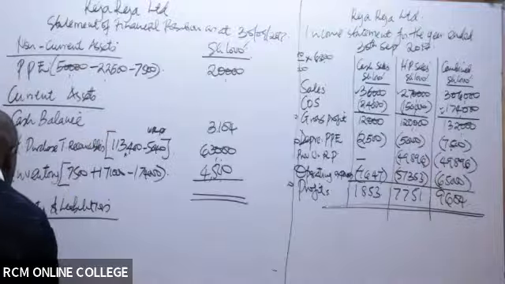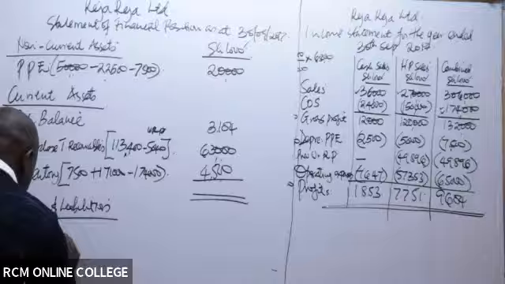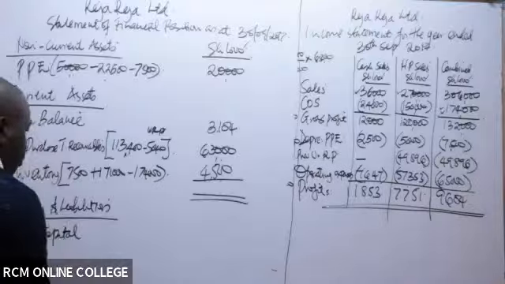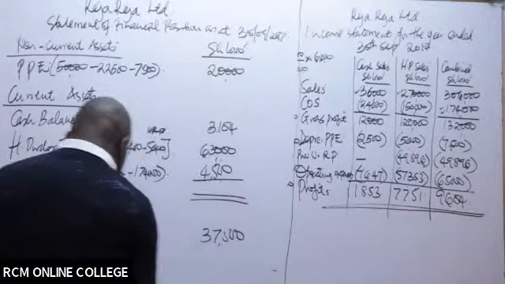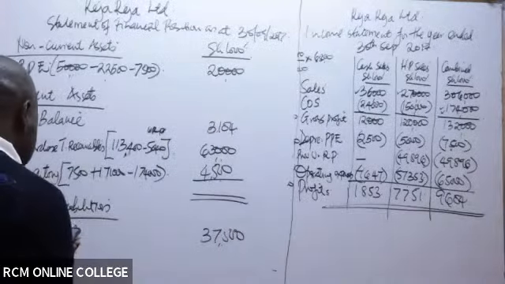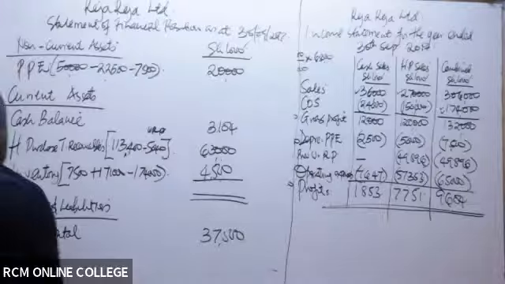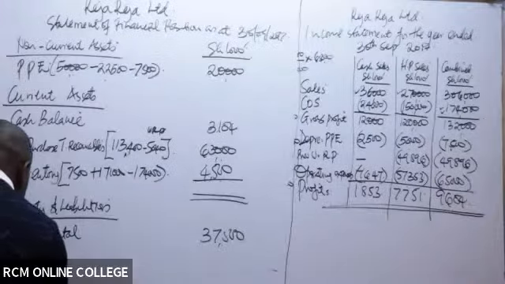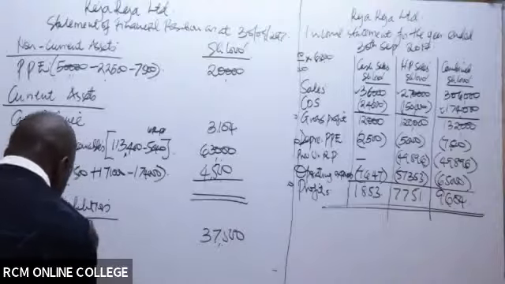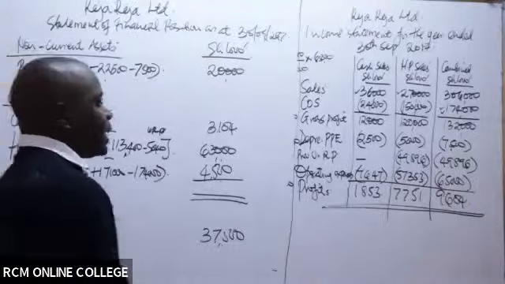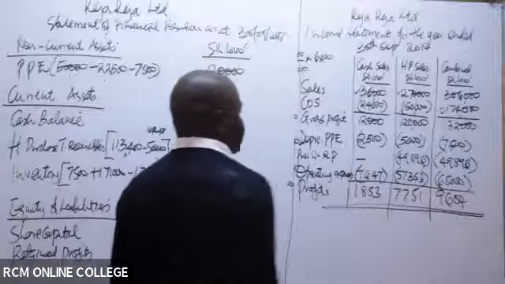So we have a share capital of 37,500. Then we have retained profits. Retained profit is normally part of the equity. So our retained profit is here, 9604.